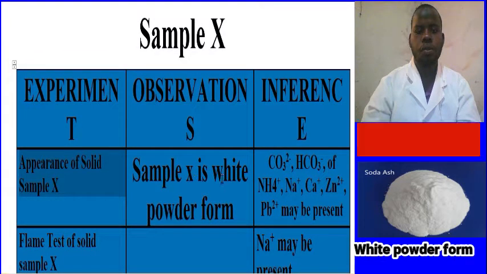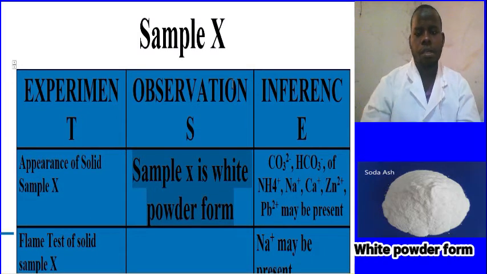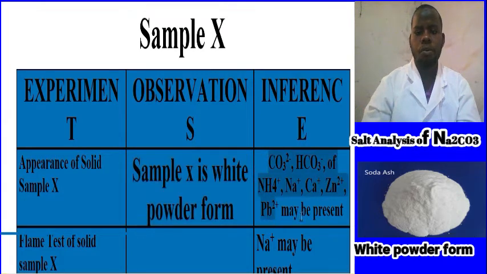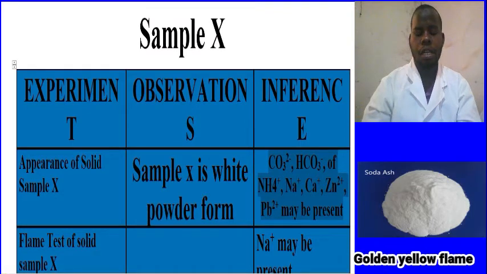So you are supposed to join those sentences. It means the inference is that carbonate ion or hydrogen carbonate ion of ammonium, sodium, calcium, zinc, and lead may be present, and you have to record it in that way.